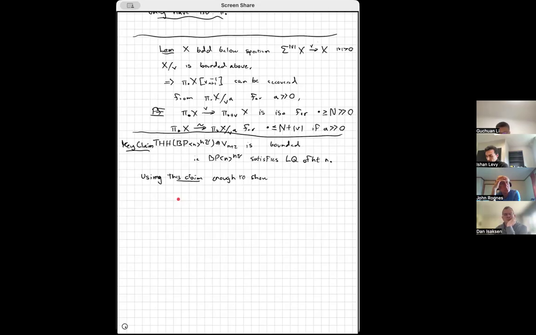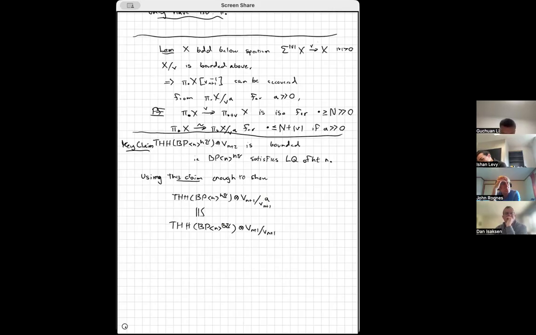It's enough to show that this THH of BP<n>, after you take the fixed points by Z and you tensor with a type n+1 complex, modulo some power of v_{n+1}, is isomorphic to the same thing with the trivial action. And you need a little bit more than this, and I'll explain what that is.